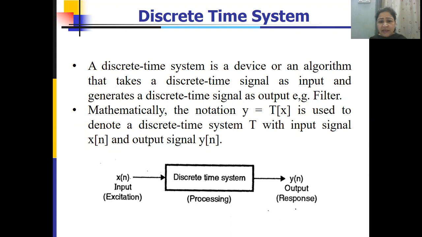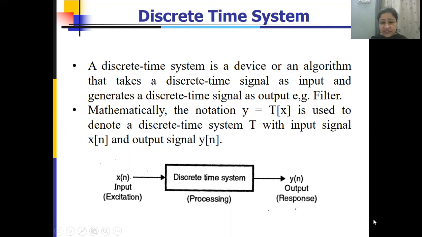So here the processing is done on the noisy signal and a new output signal is generated. So low pass filter is considered as a discrete time system because here we are giving discrete time signal as an input and generating a discrete time signal as an output.